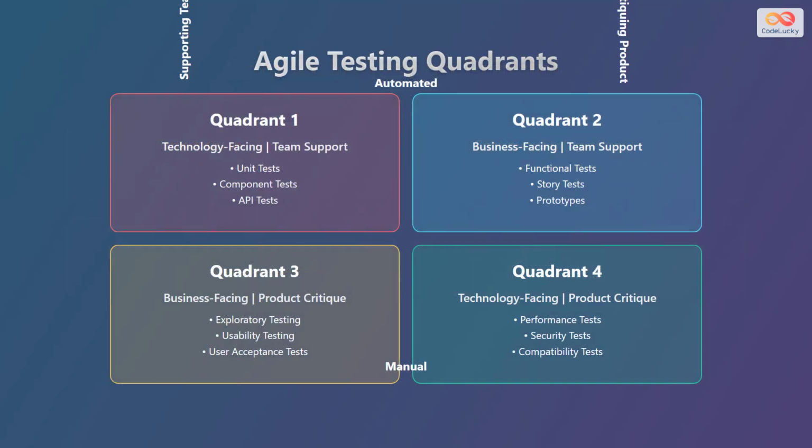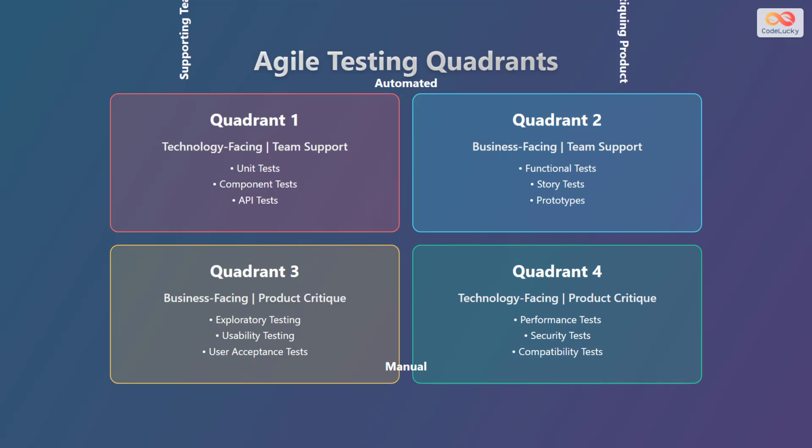Agile testing quadrants. The Agile testing quadrants provide a framework for categorizing different types of tests. Quadrant 1, technology-facing and team support, includes unit tests, component tests, and application programming interface tests. Quadrant 2, business-facing and team support, includes functional tests, story tests, and prototypes.